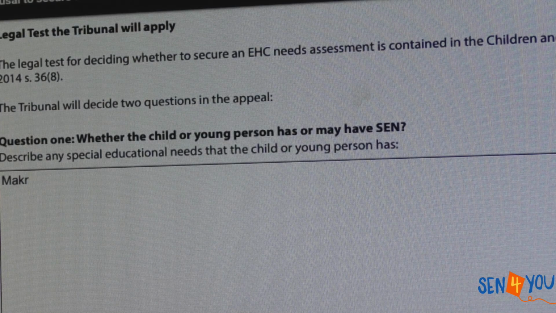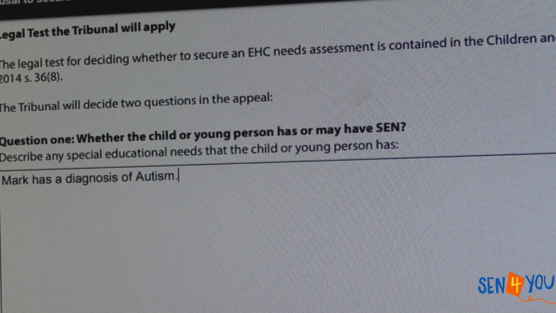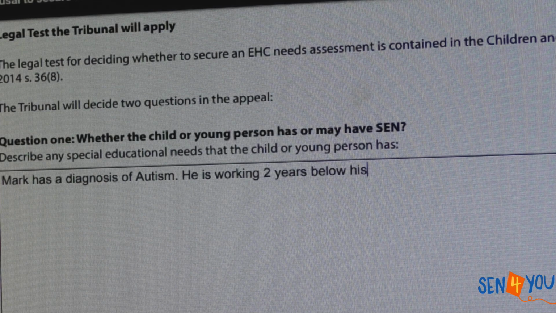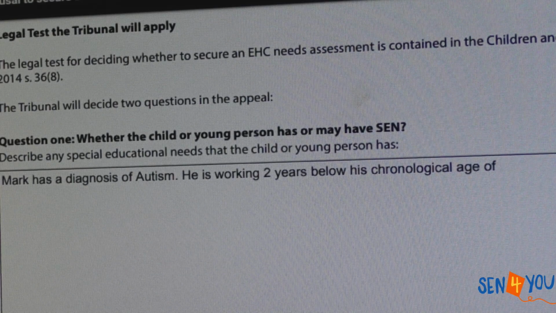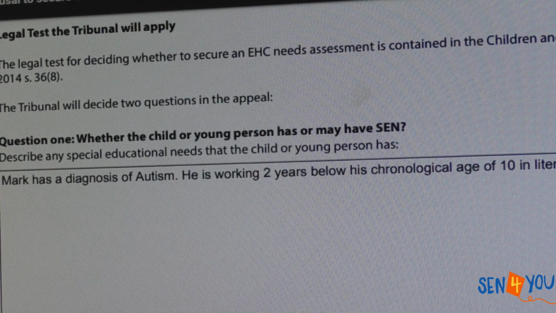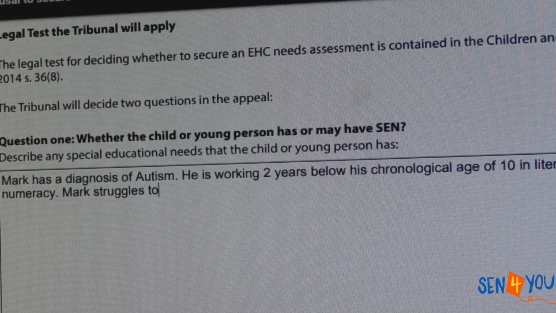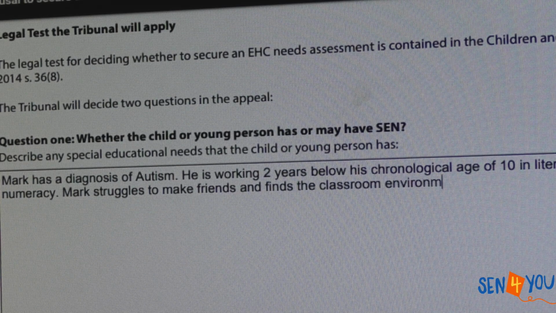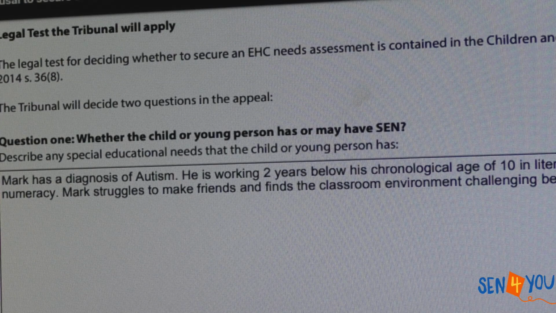So, Mark has a diagnosis of autism. He is working 2 years below his chronological age of, let's say, 10 in literacy and numeracy. Mark struggles to make friends and finds the classroom environment challenging because it is too noisy.